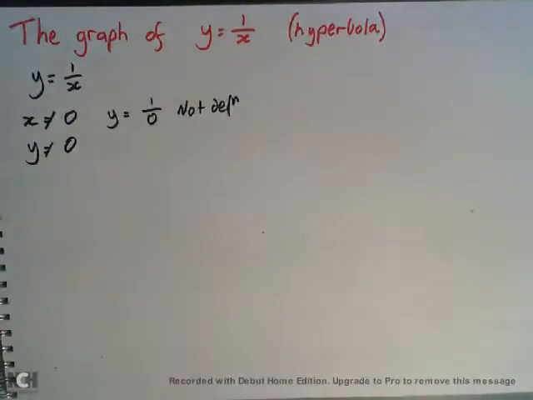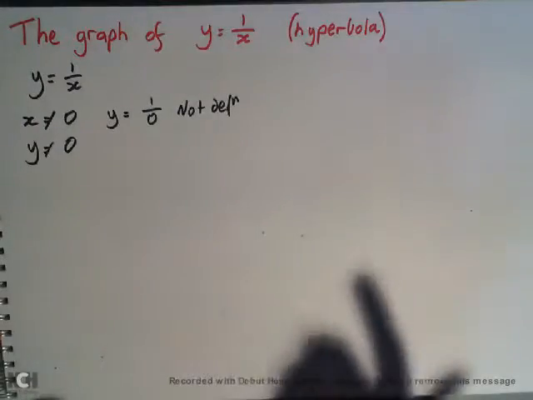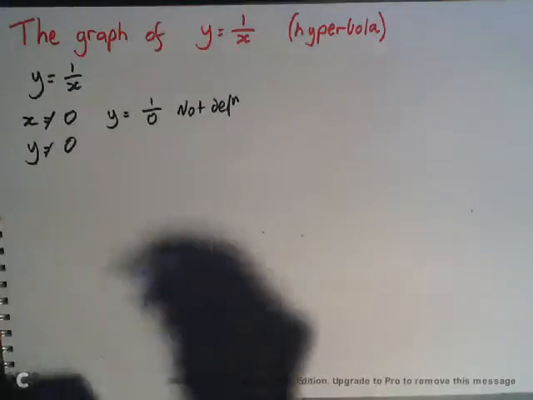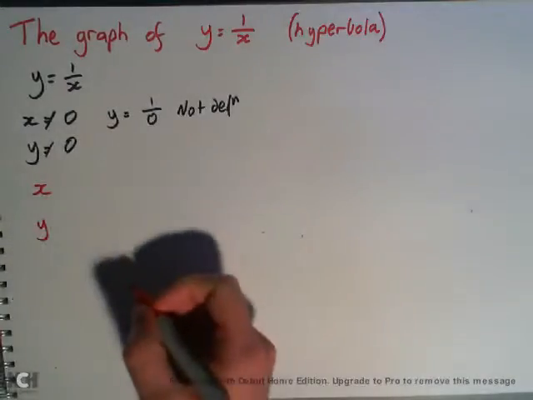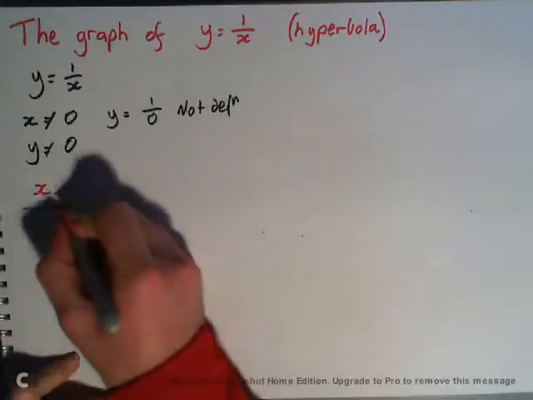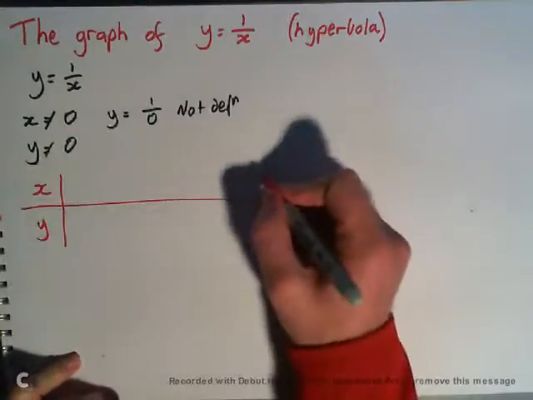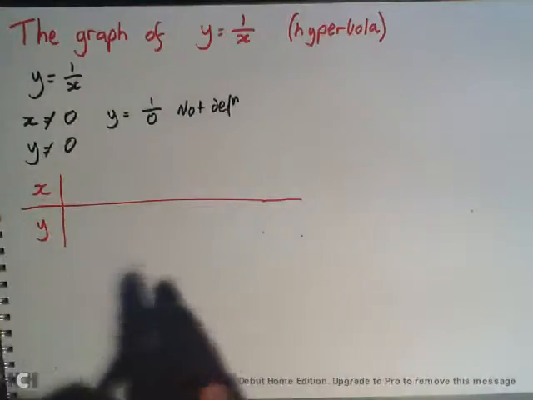Now before we go into graphing them, we're going to have a look at a table of values. Completing the table of values will give us a feel for the graph. So in the table of values, you've got x and y, and a variety of different points.